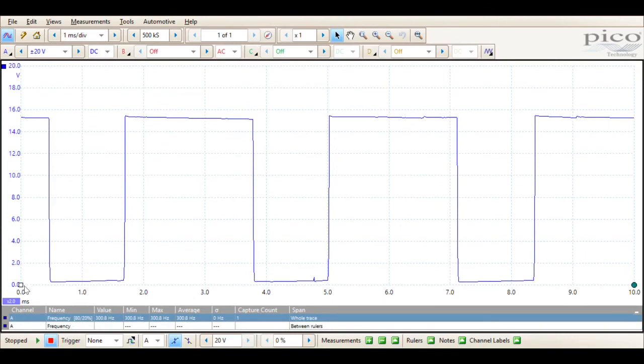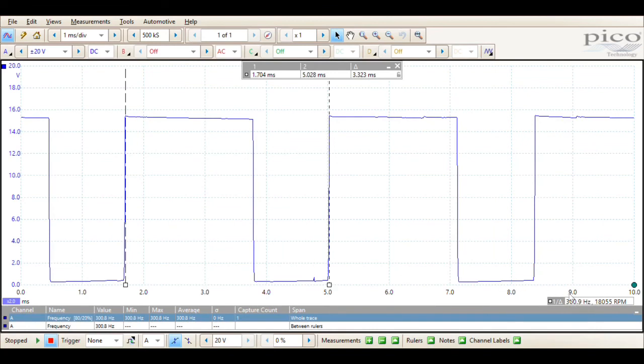And so now we're going to drag these rulers out, and we're going to go from our first rising edge over to our second rising edge, and you'll see that it calculates our frequency down here, 300.8 hertz.